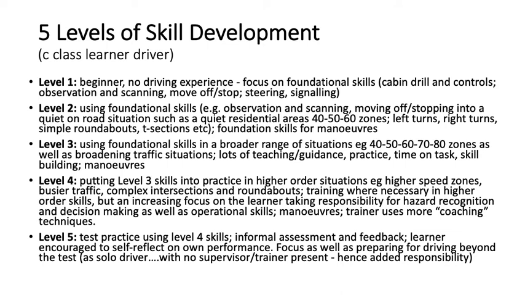More maneuvers, less instruction, more observing what they're doing, and giving them feedback on how they can improve their performance. The trainer uses more coaching techniques than teaching techniques in this phase.